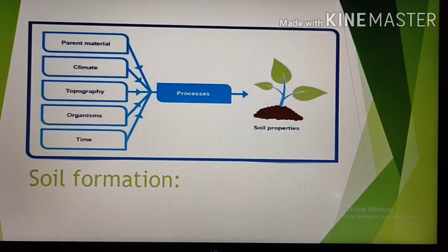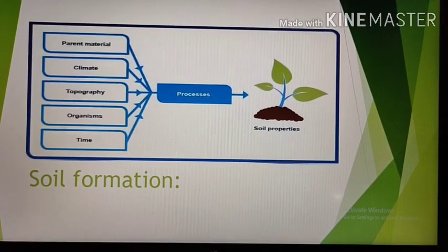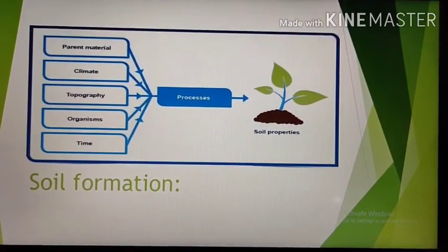Landforms determine the type of soil. Soil is made up of organic matter, minerals, and weathered rocks found on the earth. This happens through the process of weathering. The right mix of minerals and organic matter makes the soil fertile.